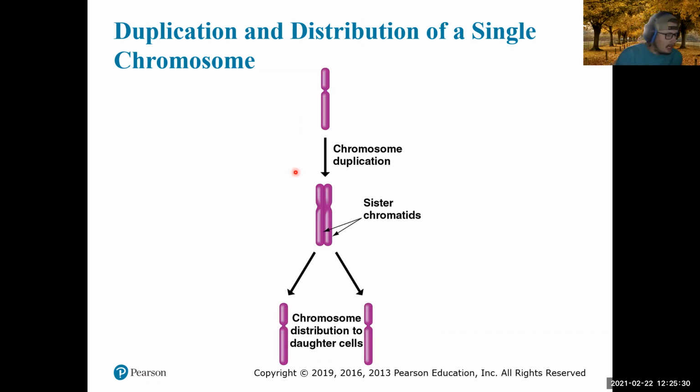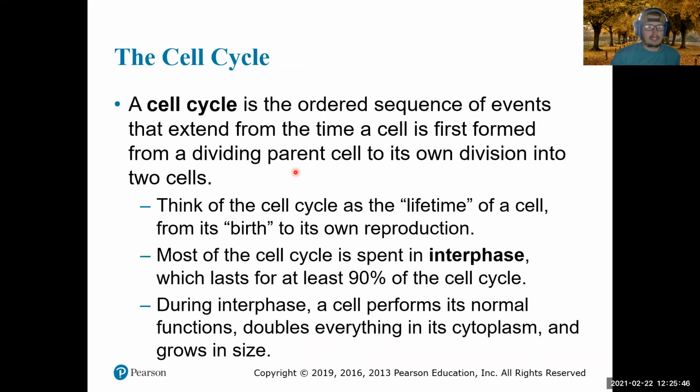Okay. And now that we've learned about the DNA and how it's structured in the nucleus, how it condenses down into your chromatids and then your sister chromatids, we're now going to talk about the actual phases in the cell cycle and the process that the cell goes through during its life.